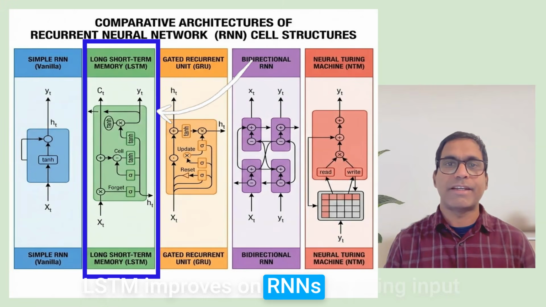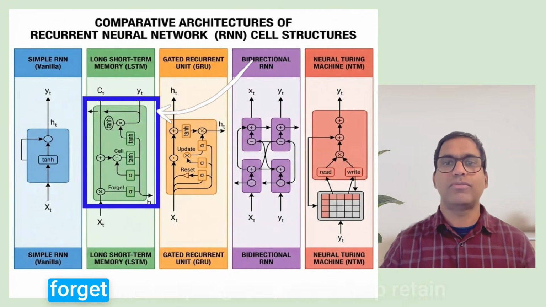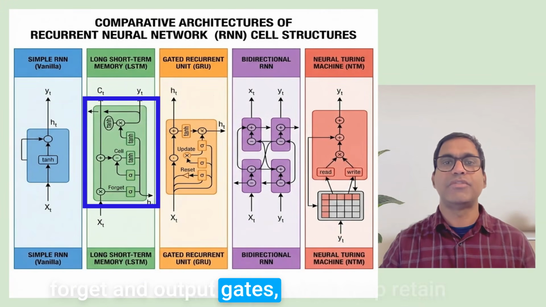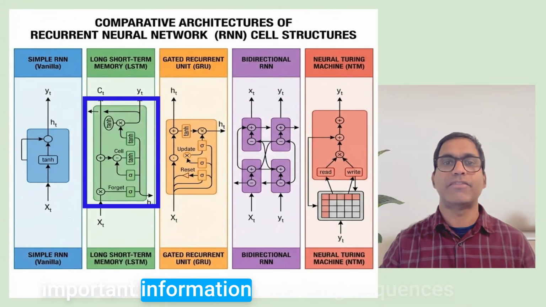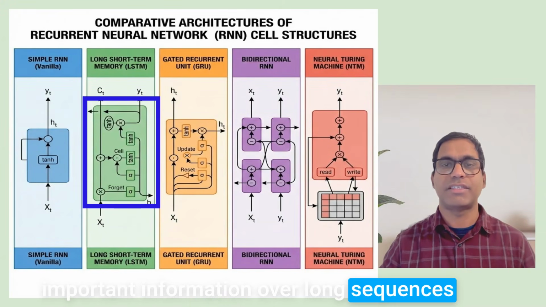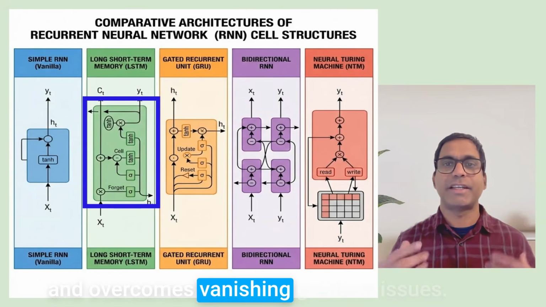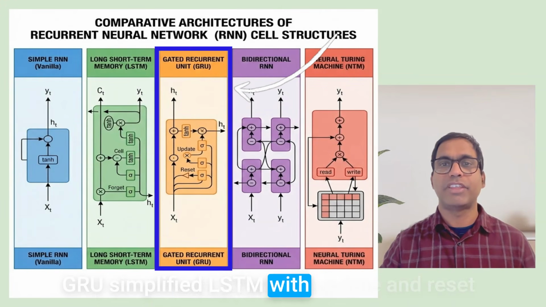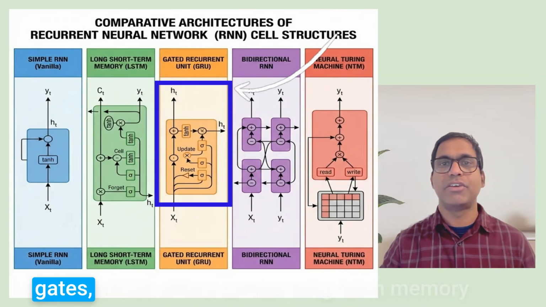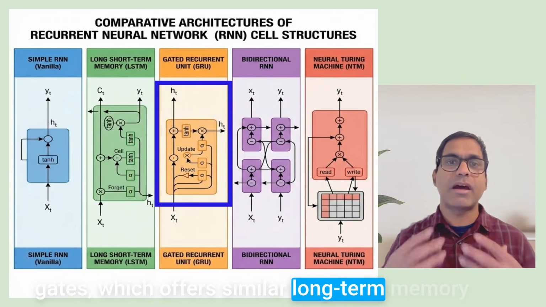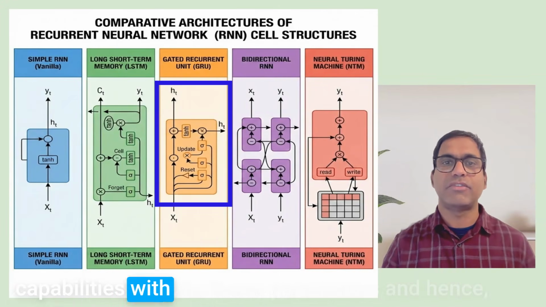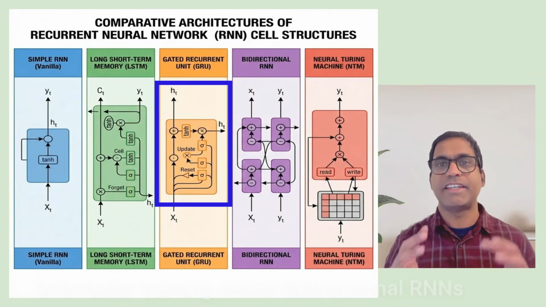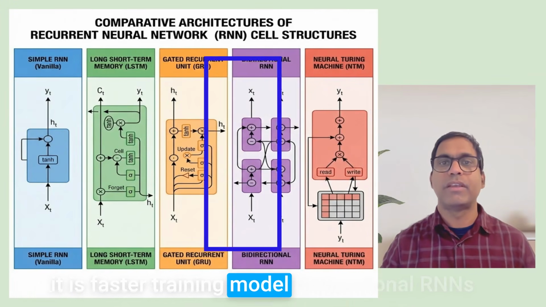LSTMs improve on RNNs by using input, forget, and output gates, which help retain important information over long sequences and overcome vanishing gradient issues. GRUs are simplified LSTMs with update and reset gates, which offer similar long-term memory capabilities with fewer parameters, and hence it is a faster training model.